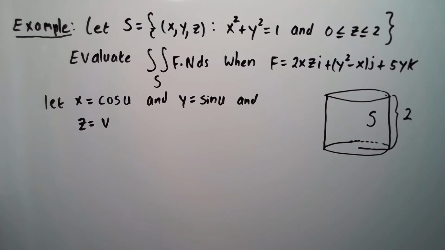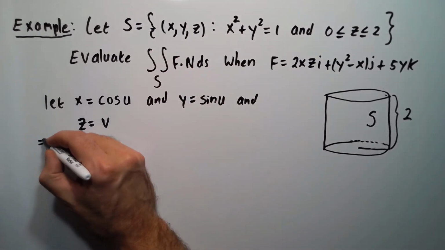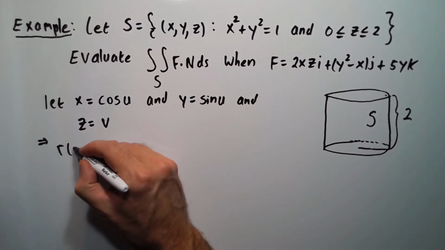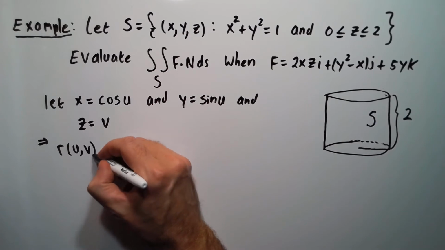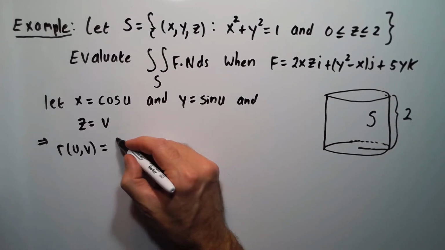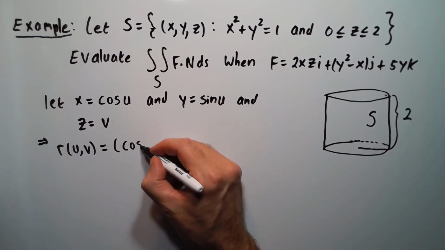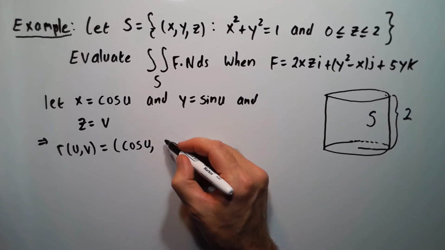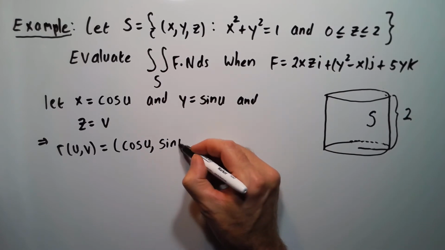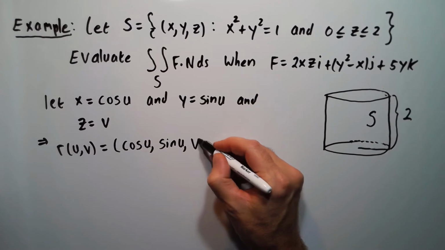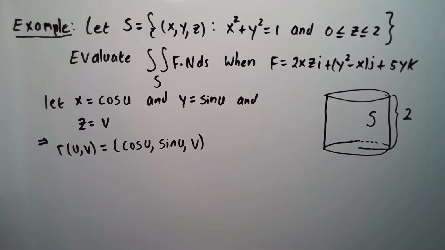So doing that, r of u,v would be cosine of u, sine u, v.